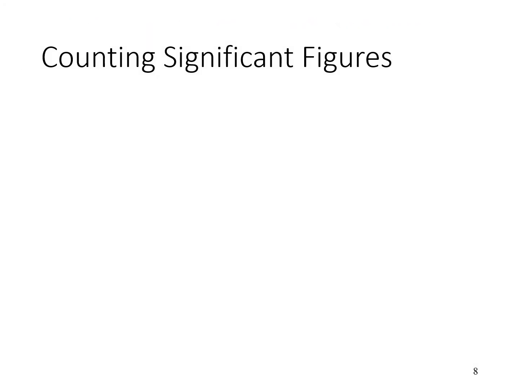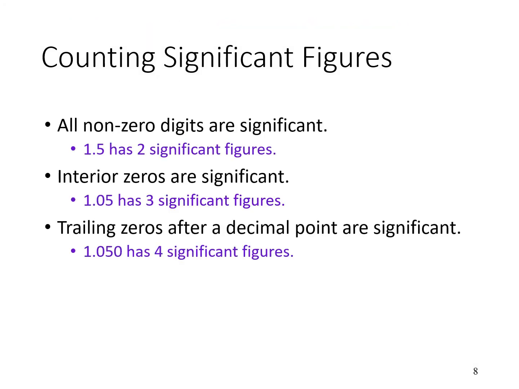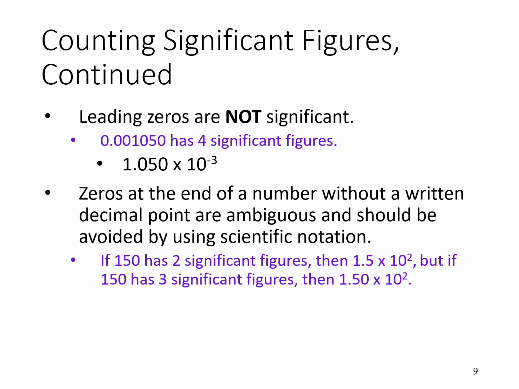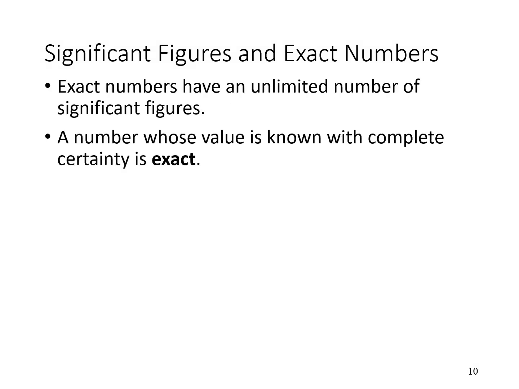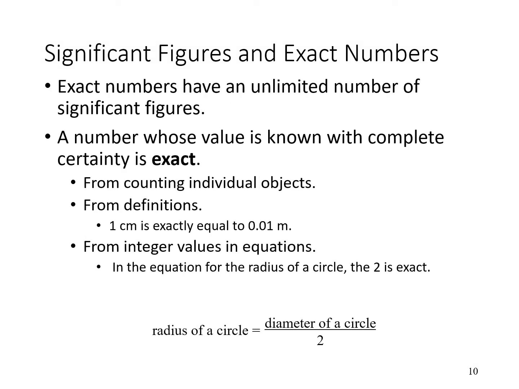Okay, so let's say these are again the rules given to you again with some more examples. And remember, whenever we have an exact number, we do not count sig figs. If you're counting individual objects, doesn't matter. Sig figs are not important.